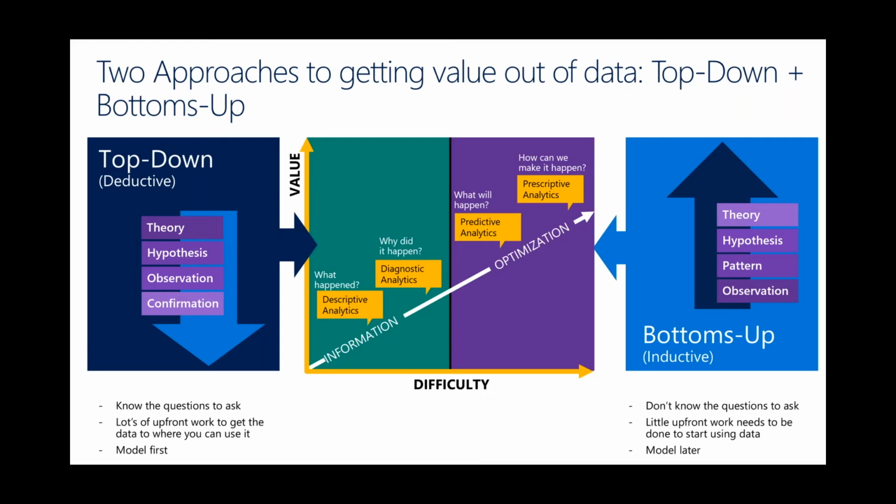This picture defines the two approaches, and they are so different that our organizations can handle either one or the two with our existing systems. The data warehouse is focused on the green side of this graph, where you can do diagnostic and descriptive analytics.